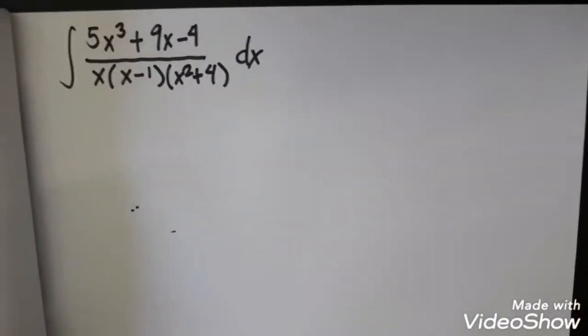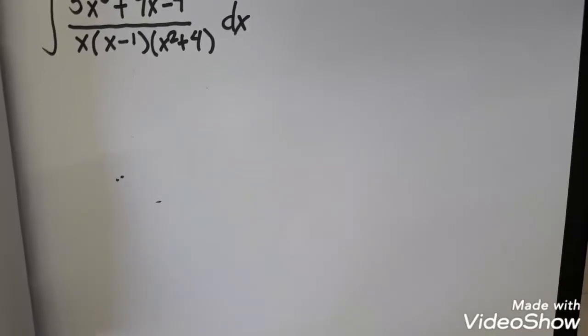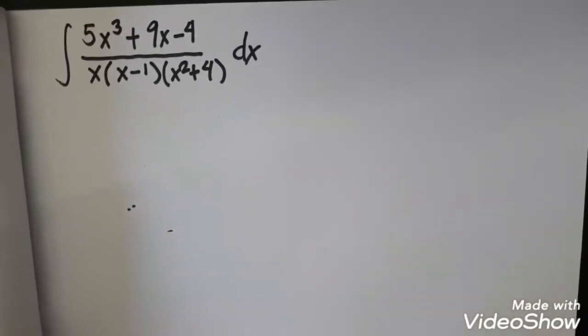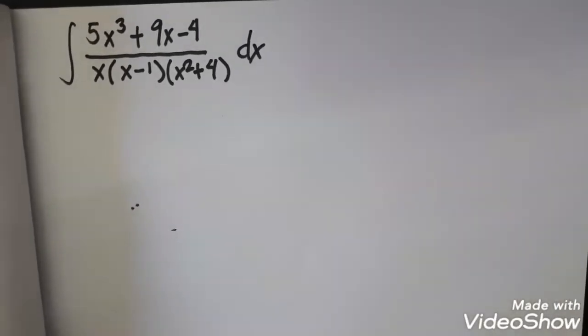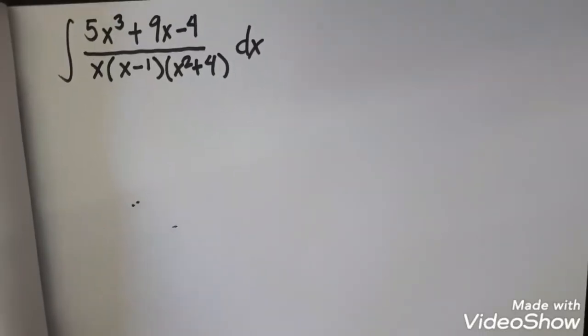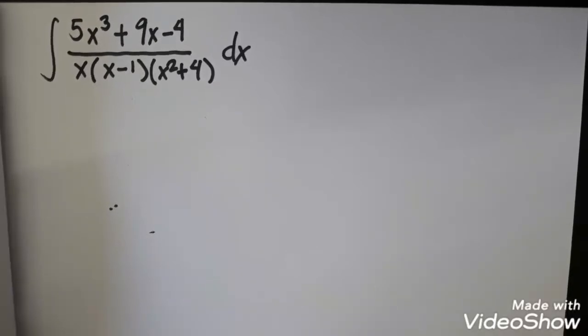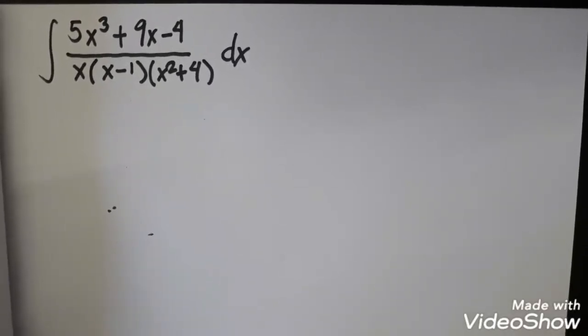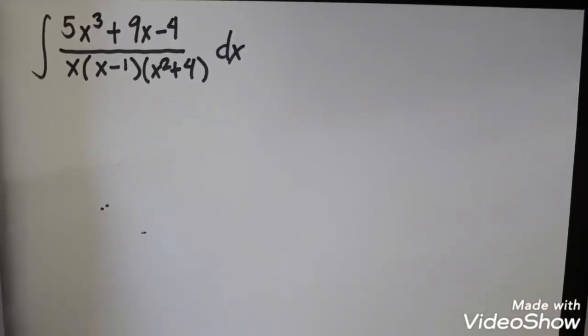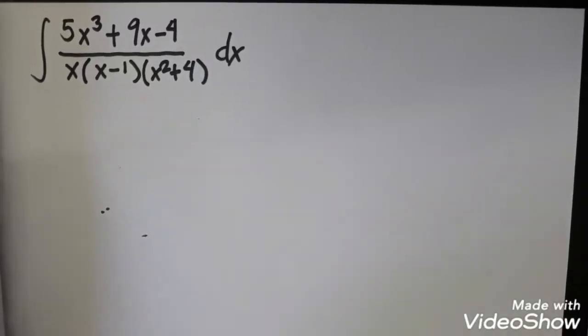Step 1. Factor the denominator. But as we can see, the denominator is already factored. Next, break up the fraction into a sum of partial fractions. So, as we can see, if you have an irreducible quadratic factor like the x squared plus 4, the numerator for that partial fraction needs two unknowns in the form ax plus b.